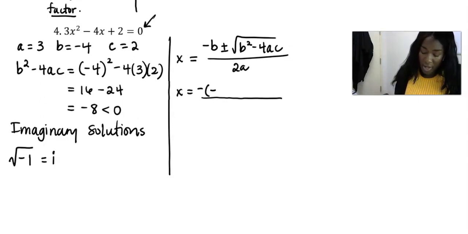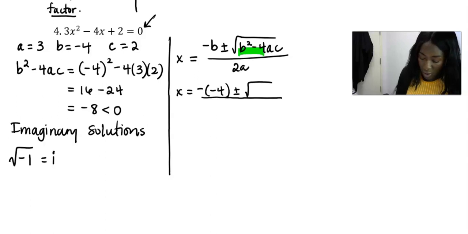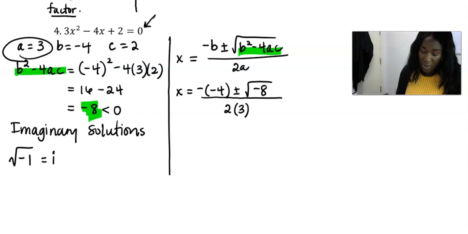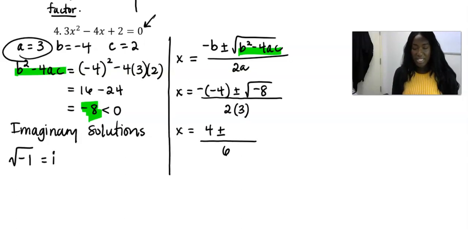So that is -(-4) plus or minus the square root of b squared minus 4ac. All of this we've already calculated, and we got -8 for it. And then in the denominator we have 2 times a, and a is 3. So continuing to simplify this, -(-4) gives us a +4, plus or minus the square root of -8, and the denominator, 2 times 3, is 6.